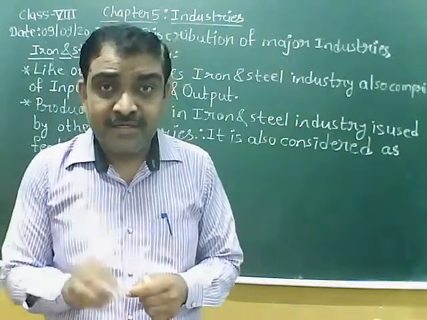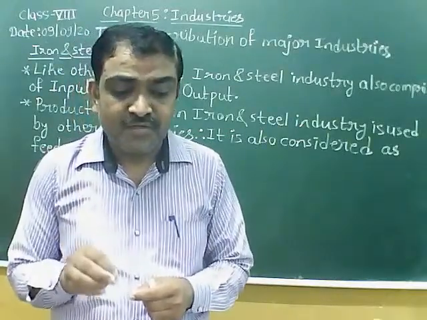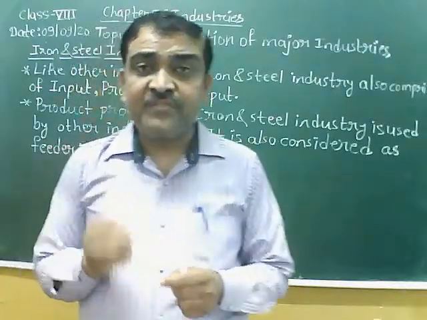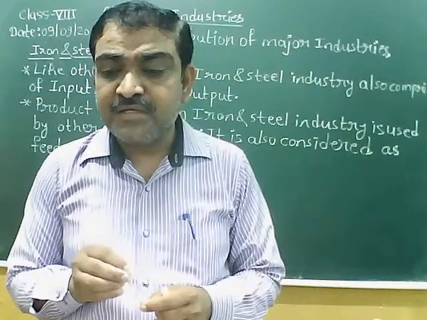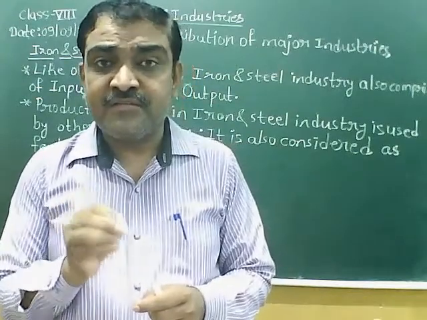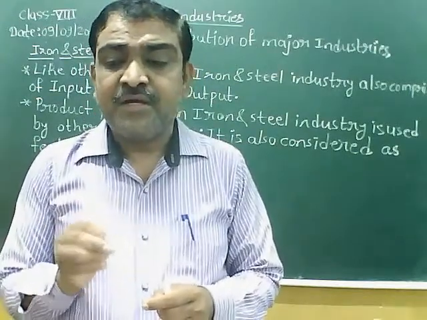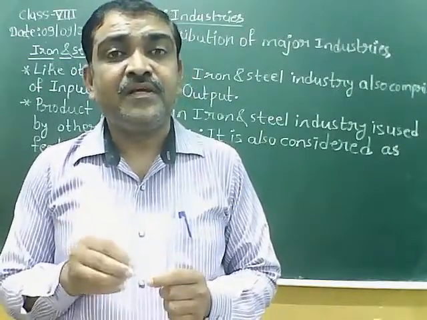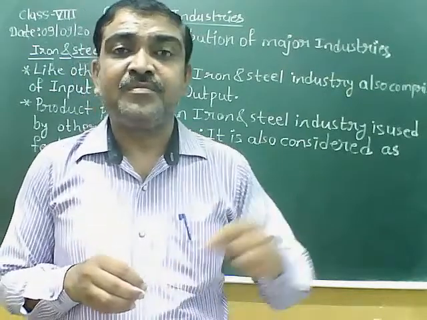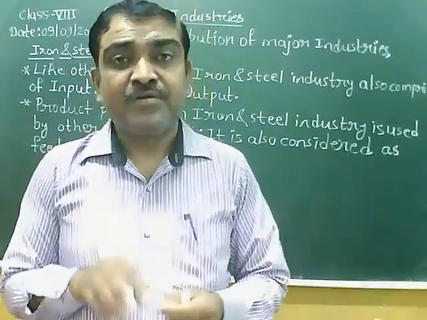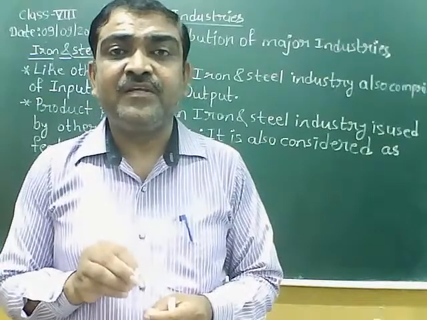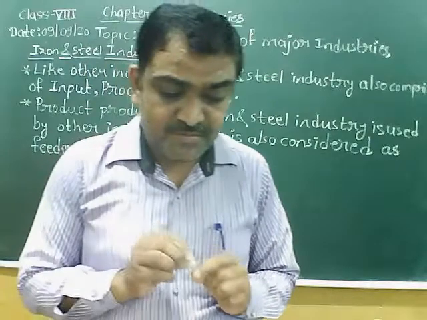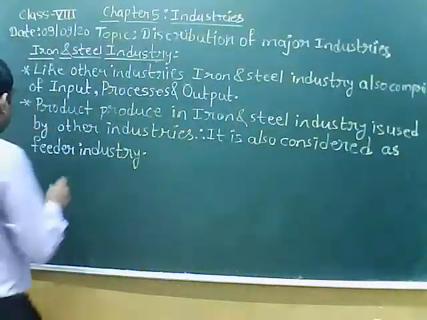Therefore, the iron and steel industry is called a feeder industry. ठीक है, आयरन और स्टील इंडस्ट्री में क्या प्रोड्यूस होता है? आयरन एंड स्टील. ये आयरन और स्टील बाकी की इंडस्ट्रीज क्या कर रही हैं? They are using it for making other products. Because of that, the iron and steel industry is called a feeder industry.